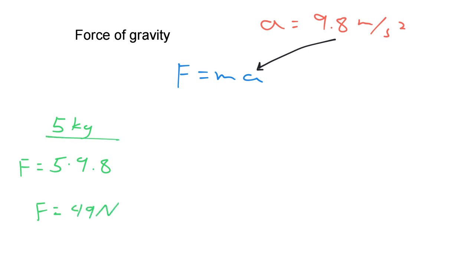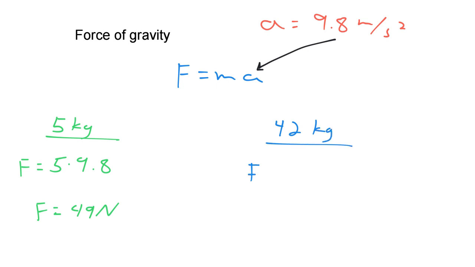If this 5 kilograms is to drop, it is going to accelerate at 9.8 meters per second squared, but the force of gravity just pulling on it at all times is 49 newtons. What if we have, let's say, 42 kilograms of mass?